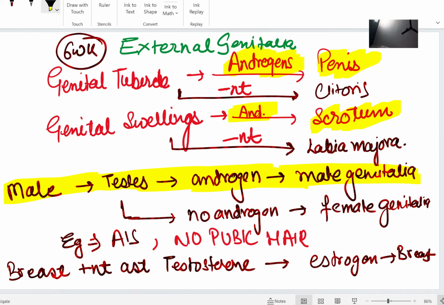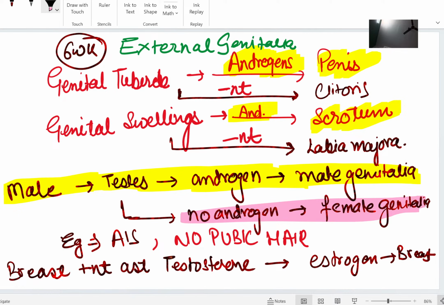Can you tell me the problems in males where there will be female genitalia? Androgen insensitivity syndrome, okay.